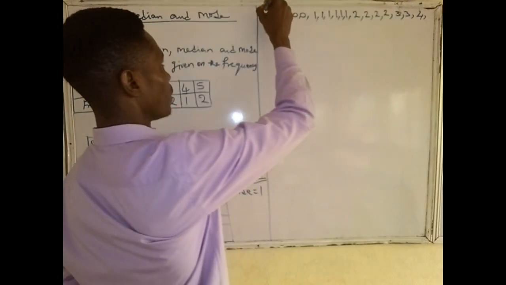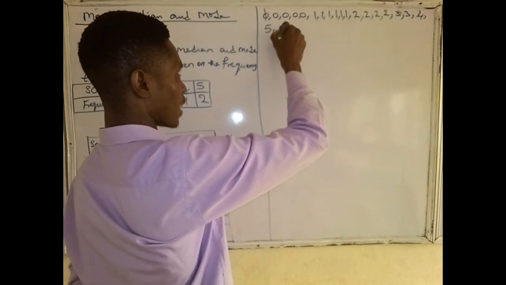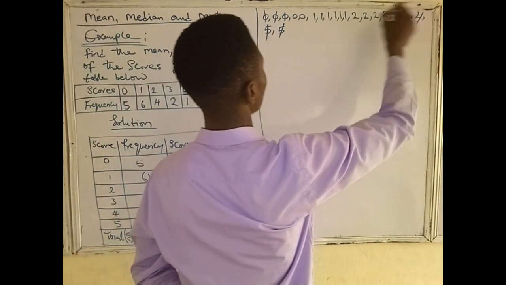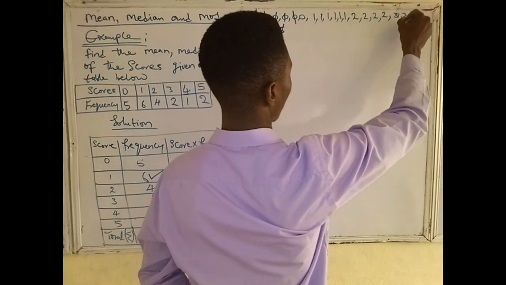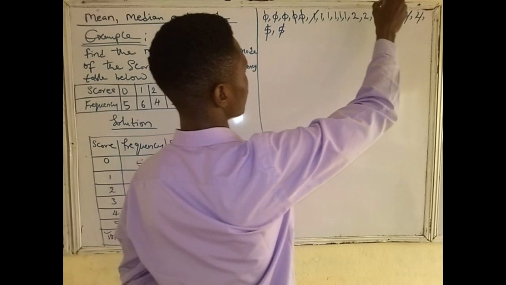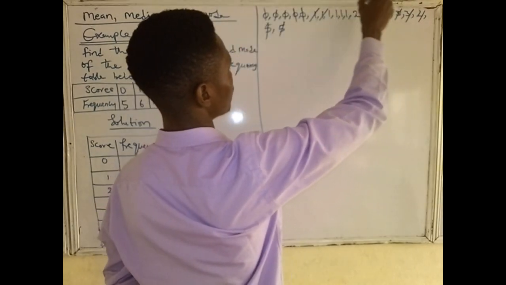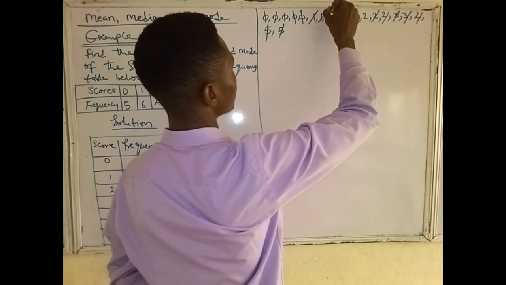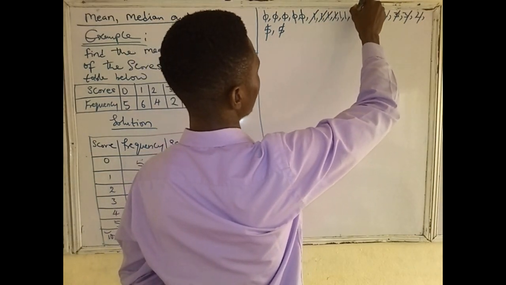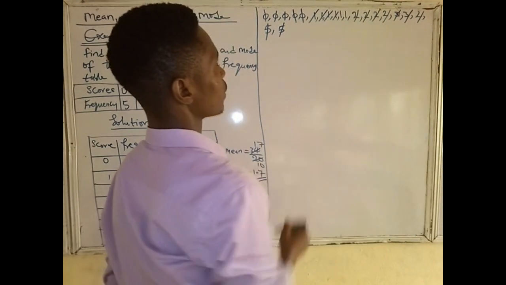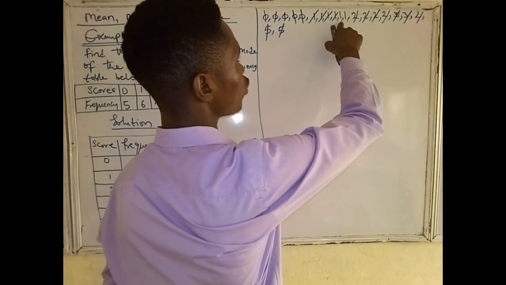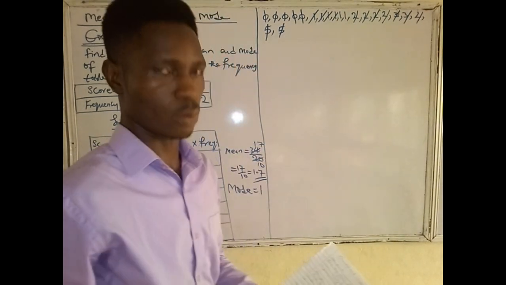So I count from the beginning: 1, 2, 3, 4, 5, 6, 7, 8, 9. So if there's 10, then this one will cancel out, okay? So it means we have 2 numbers for the middle number.